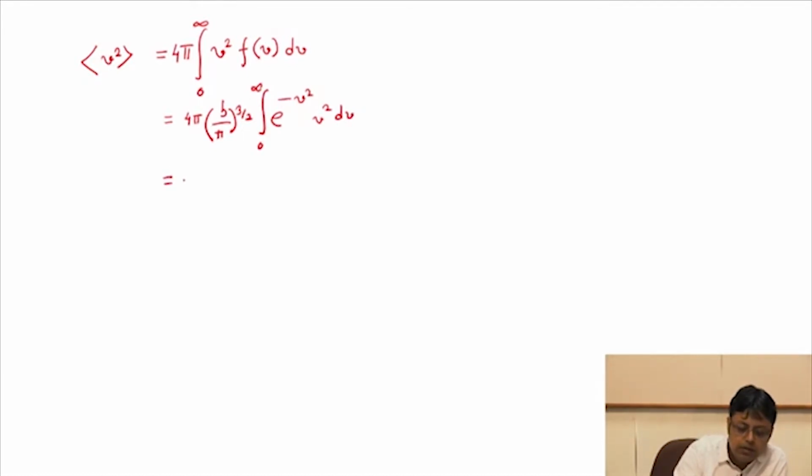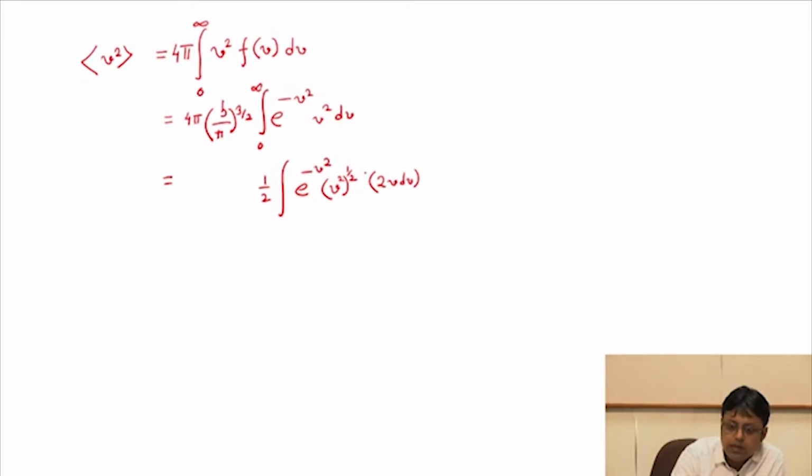Now we can easily write this in the form e to the power minus b v square. I have to write 2v dv for d of v square, and then I'll have one half here, and instead of v I can write v square to the power half.